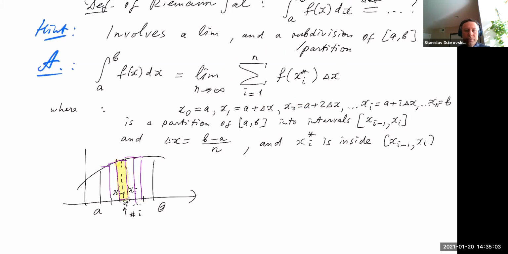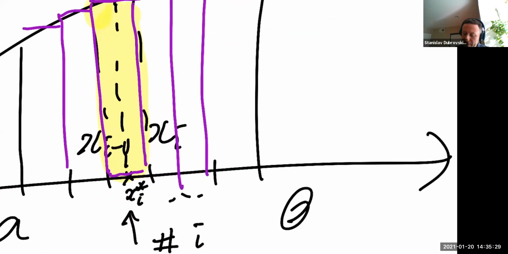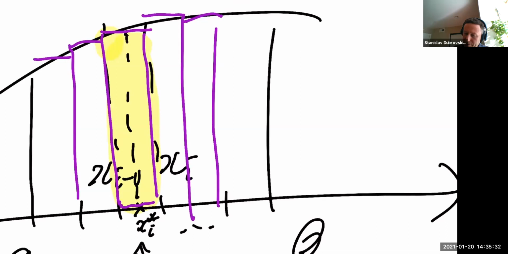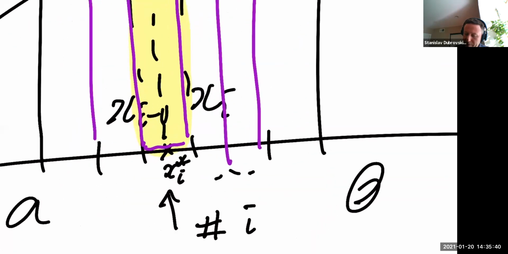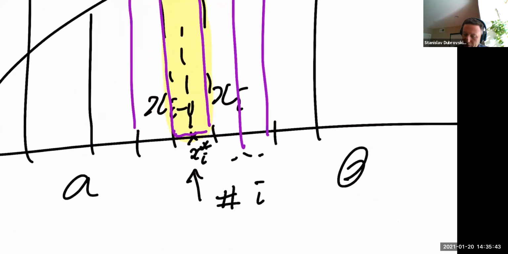So based on this definition of exact integral, we'll understand how to approximate in more or less accurate ways. So let's start. All of these methods of approximating the integral are related to the choice that we make of this small xi superstar inside the interval. Okay.